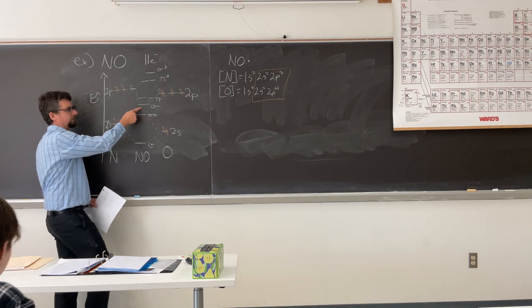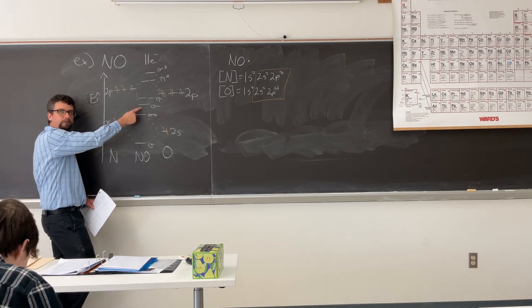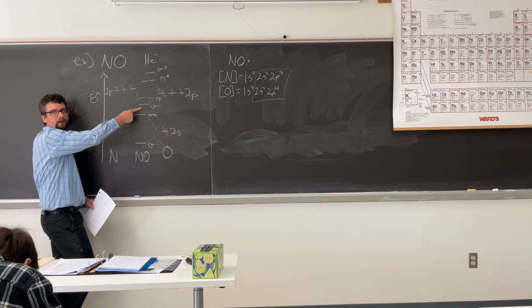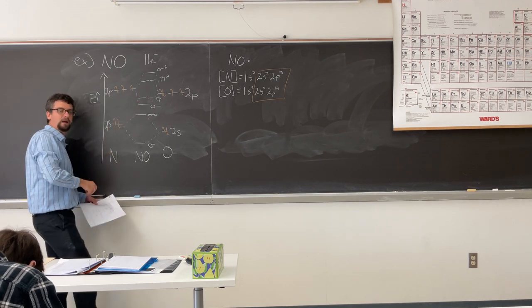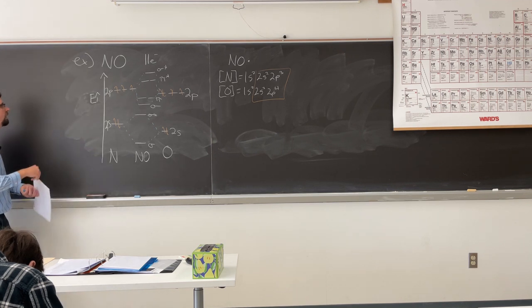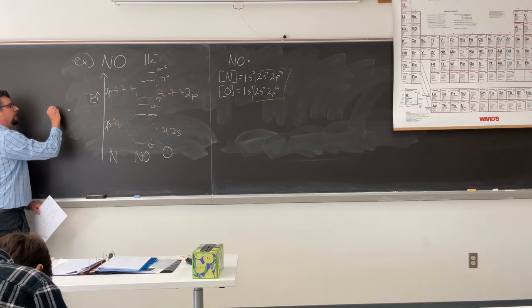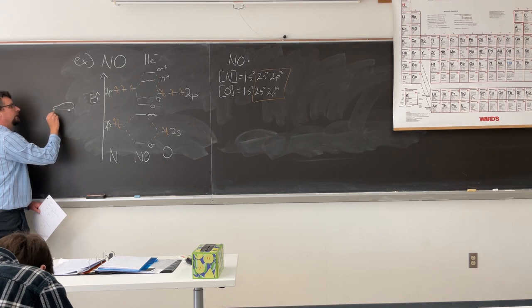This sigma, if I were to draw an MO for it, where would there be more contribution? On the oxygen. What about the pi's? Also oxygen. So if I were to draw those pi orbitals, this is exaggerated.